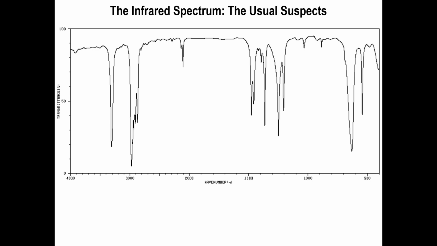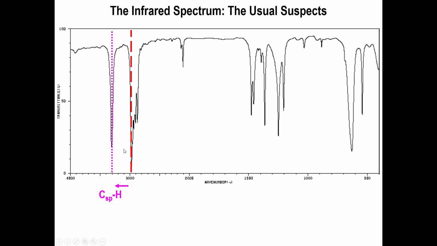For instance, the mark at 3000 tells you whether you have CH bonds that are present on sp2, sp, or sp3 hybridized carbons. If you have peaks that show up below 3000, to the right of it, you have CH bonds to sp3 carbons. If you have peaks that are a little above it, to the left of it, you have CH peaks on sp2 carbons.